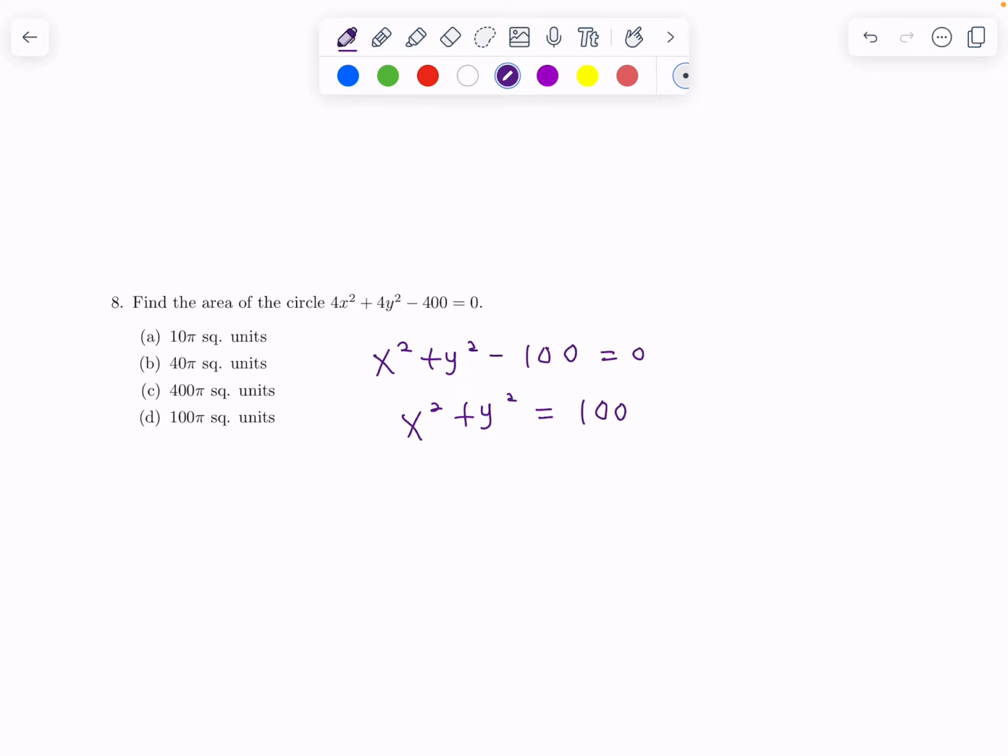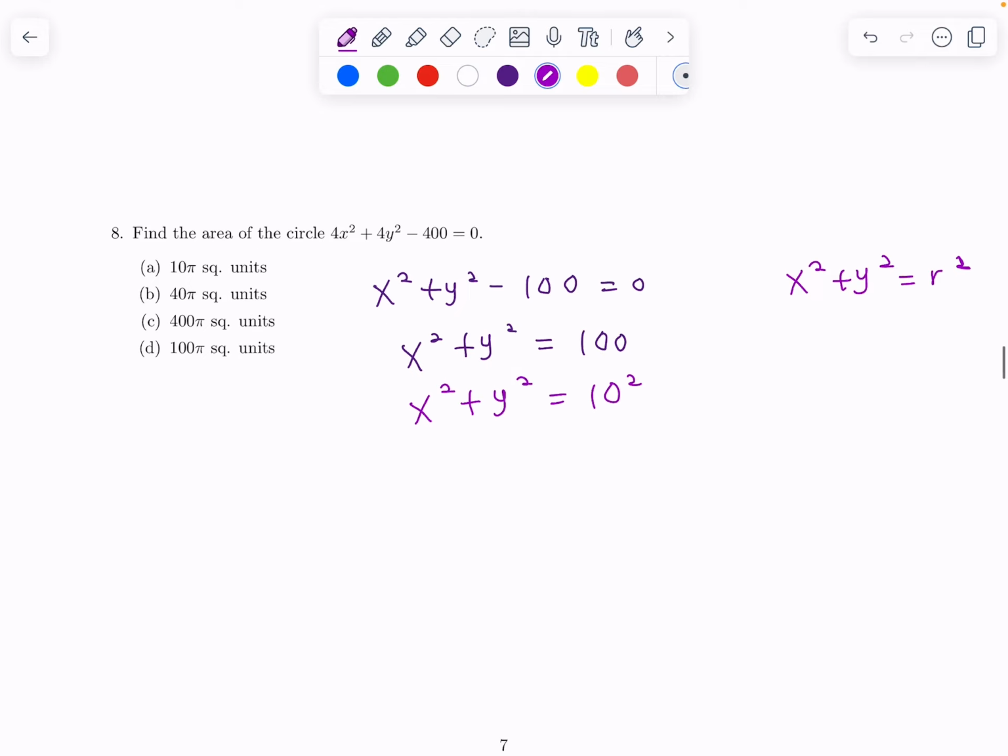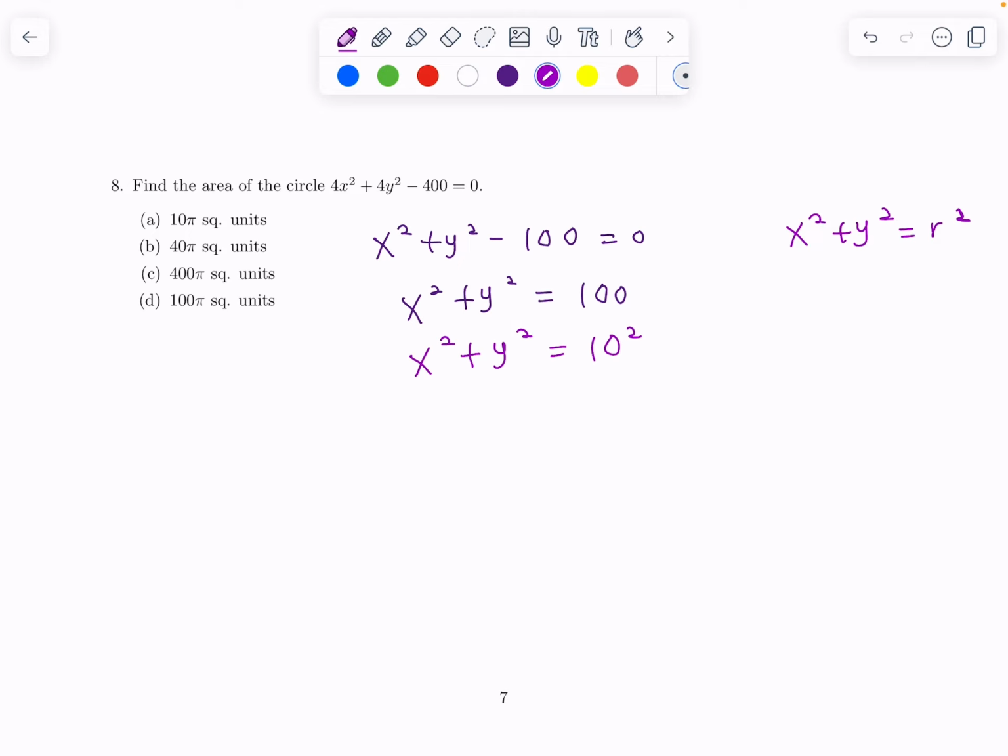But because I want my equation to look like x squared plus y squared equals r squared, I'm going to rewrite my 100 as something squared. And 100 can be written as what? As 10 squared. Okay, and from here, if you compare this equation with this equation here, your R is going to be what?